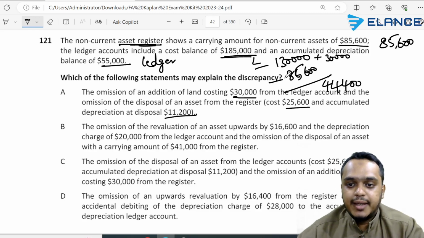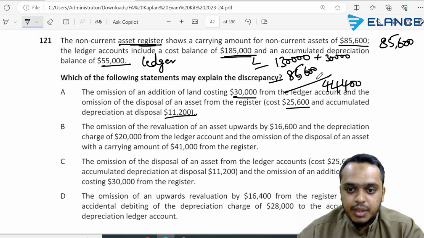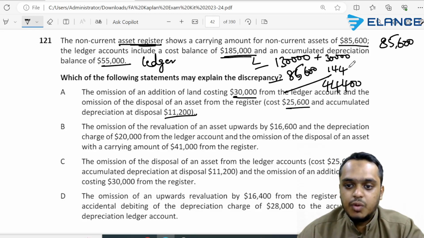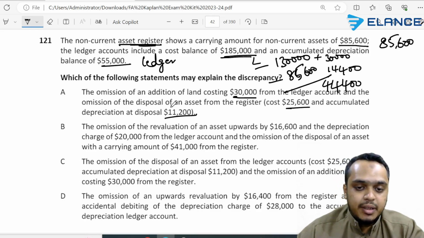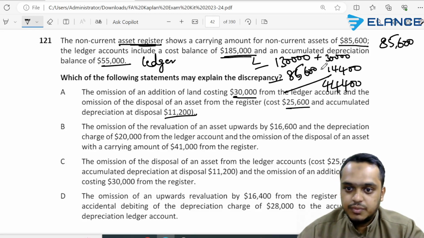So the carrying amount here should be 14,400. 14,400 is to be registered. So you omitted this particular disposal, so I would minus this off.